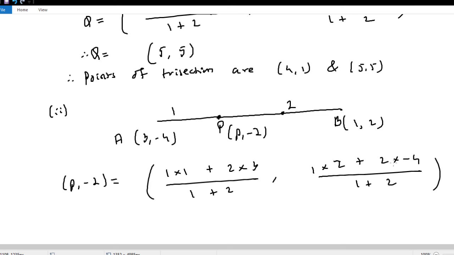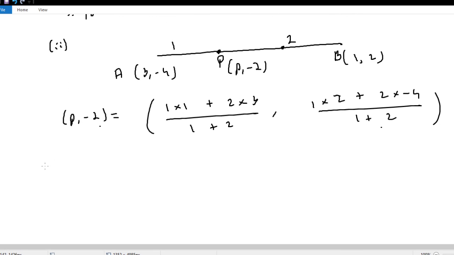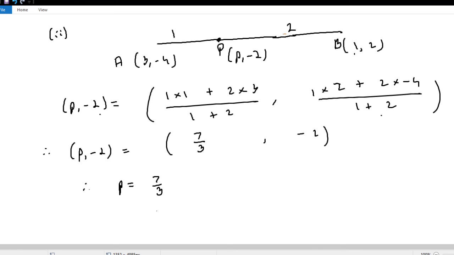So this is 2 minus 8 is -6 upon 3 is -2, which matches with this. So our assumption went okay. They didn't want to harass us much. The order was given correctly. So (p, -2) becomes equal to (1 plus 6 is 7 upon 3, -2). Clearly p value is 7 upon 3.